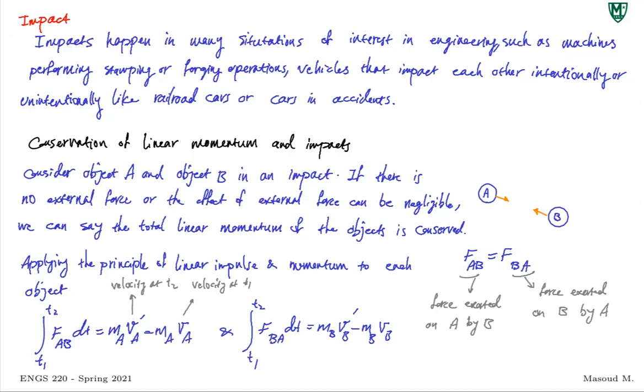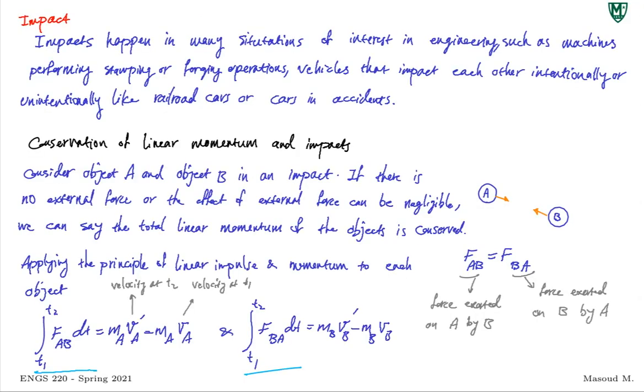Now, if you look at these two equations, we established already that the left sides are equal. This is equal to this one, right? If the left sides are equal, the right sides should be equal too. Hopefully it makes sense. Since the left sides are equal, then the right sides are equal.